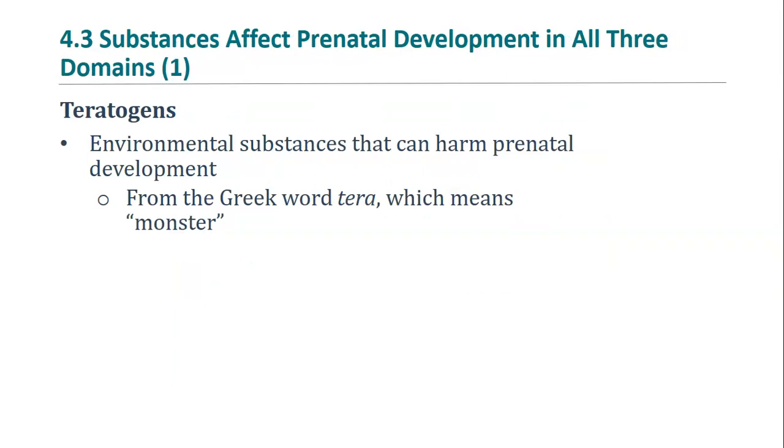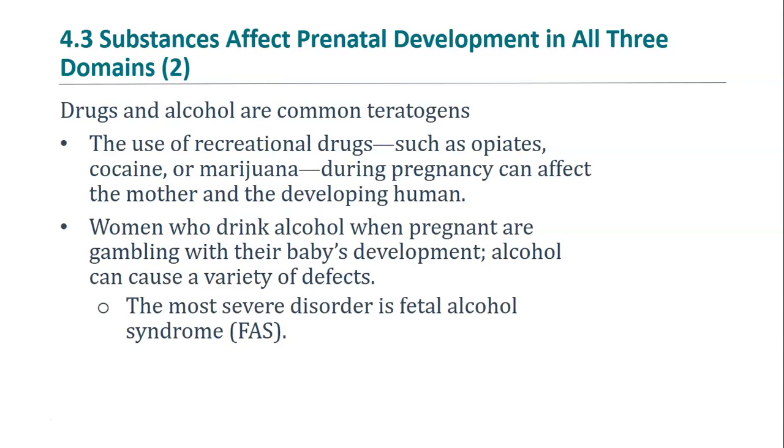Teratogens are any environmental substance that can harm prenatal development, and the term comes from the Greek word tera, which means monster. Common teratogens include alcohol and various recreational and even prescription and over-the-counter medications. Women who drink alcohol when pregnant are at risk of having a child with fetal alcohol syndrome.